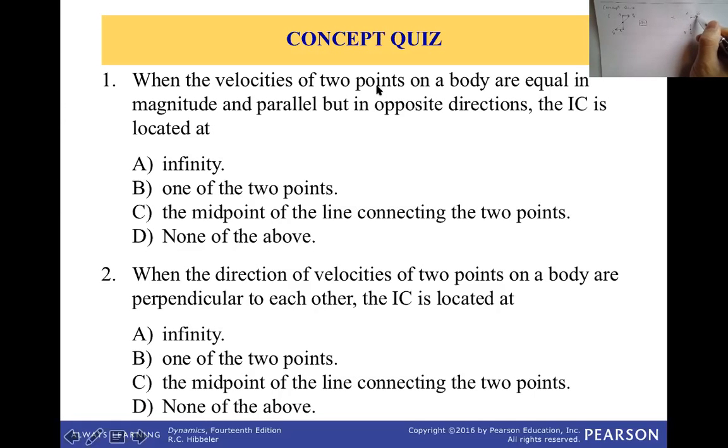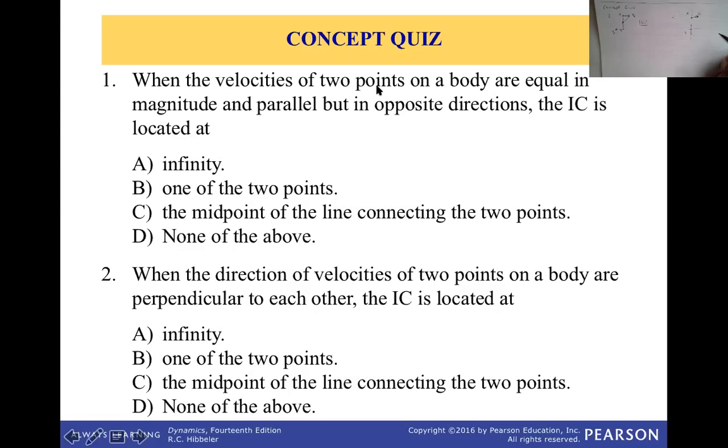To determine the IC on this one, you want the line perpendicular to VA, which will be in this direction, and then you draw a line perpendicular to VB, so it should be in that direction.